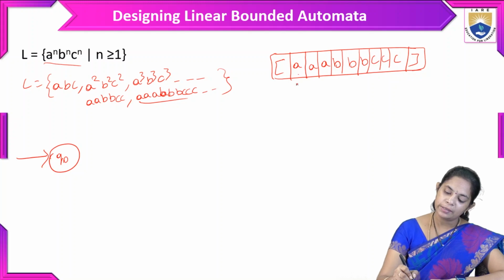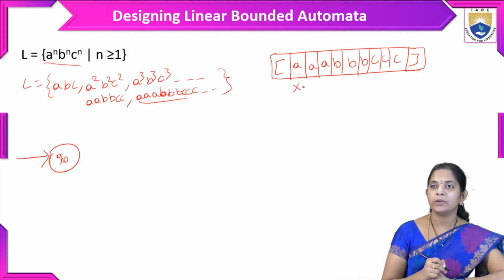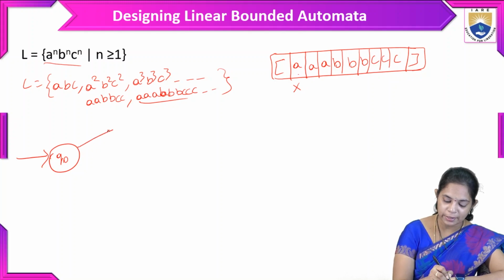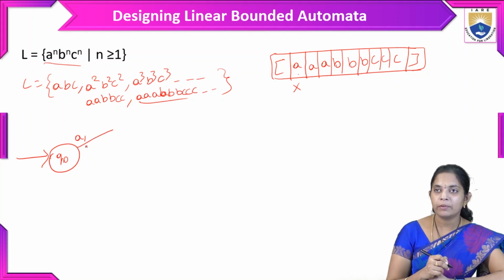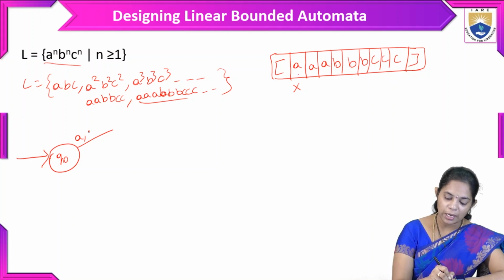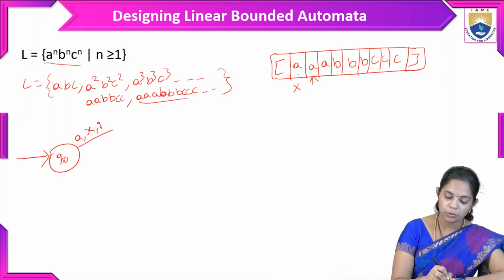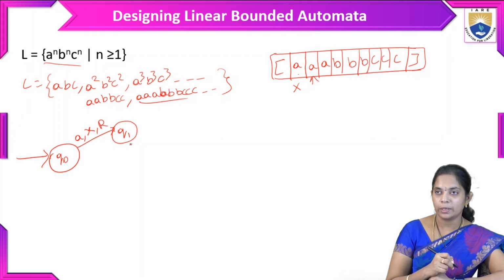So A is replaced with X, and we need to move to the right direction. And it reaches one more state, Q1.